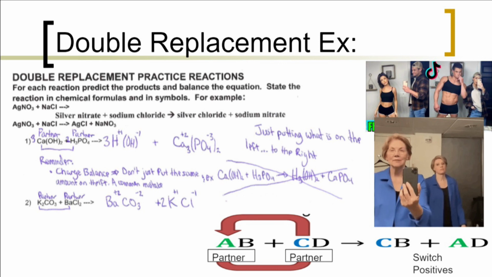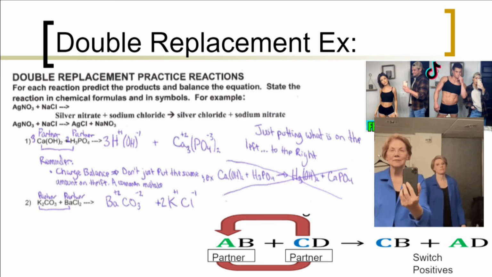For the second example, I have, once again, a partner plus a partner. There's the potassium carbonate plus the barium chloride. The potassium and the barium are the positive charges, so those will switch. I have a barium and a carbonate on the right-hand side.